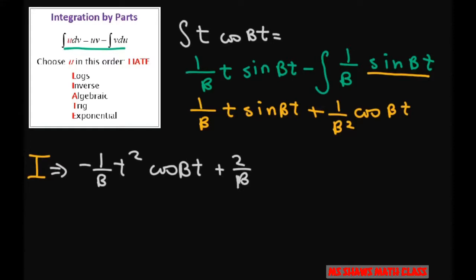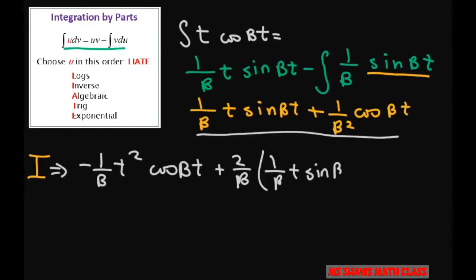Remember that we pulled that out in front. And then we're going to have the result we just found, so we just copy that down: 1 divided by beta t sine of beta t plus 1 divided by beta squared cosine of beta t.